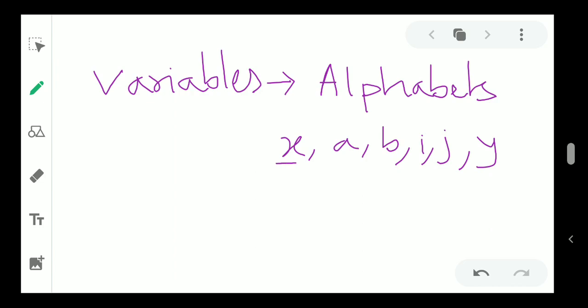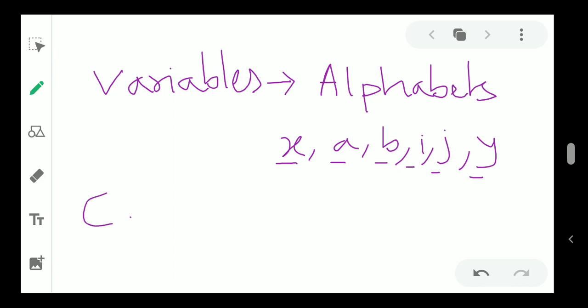These alphabets represent numbers. Whenever we are imagining some number, we can take help of any of these alphabets. X can have any value, Y can have any value, A can have any value. They can represent any value of your choice.